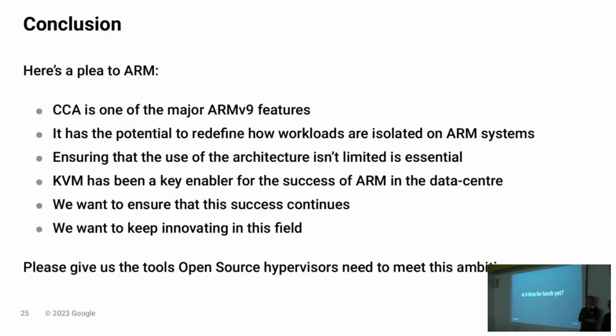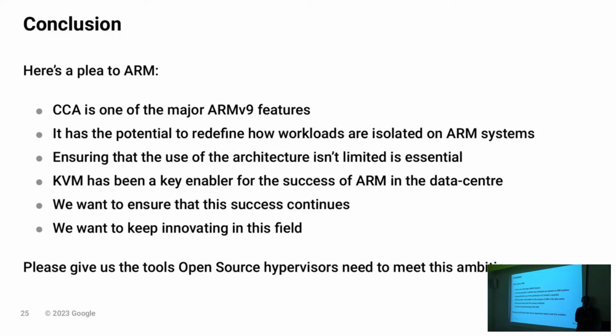So here's a message to ARM. CCA is really one of the major Armv9 features, and it really has the potential of redefining how workloads are isolated and made confidential on ARM. And making sure that the use of these functionalities, the use of the architecture, really is not restricted, that's really essential.